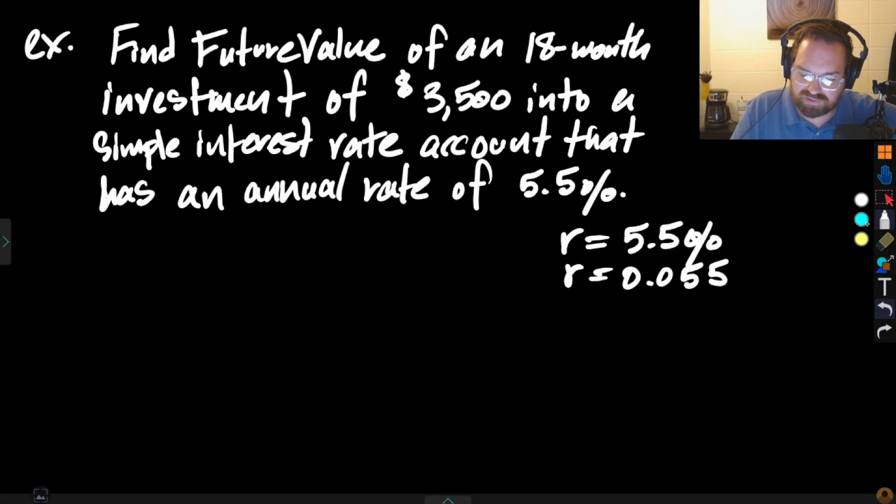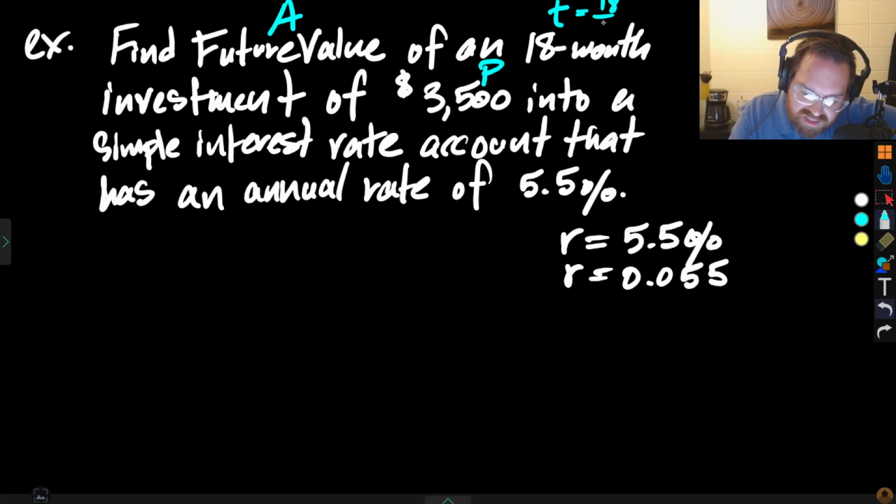So I'm looking for future value. That's the A value, right? 3,500. There's my P. 18 months. This is going to be my time, right? So this is actually 18 over 12. I'll write this down here.